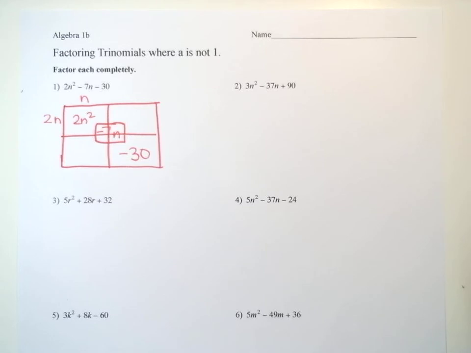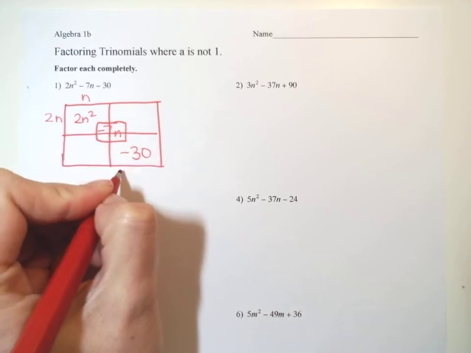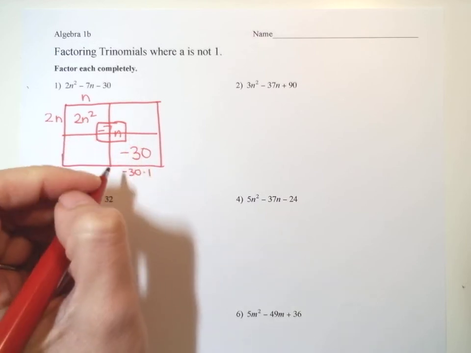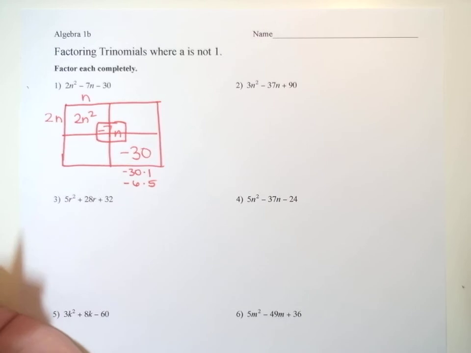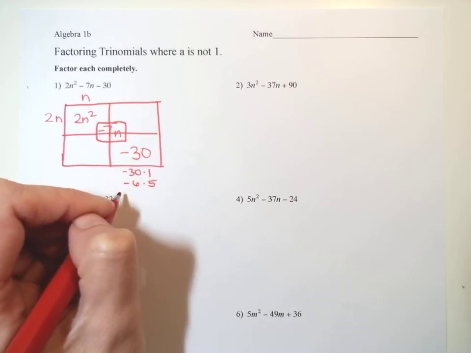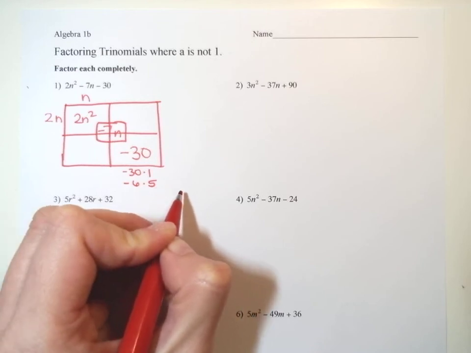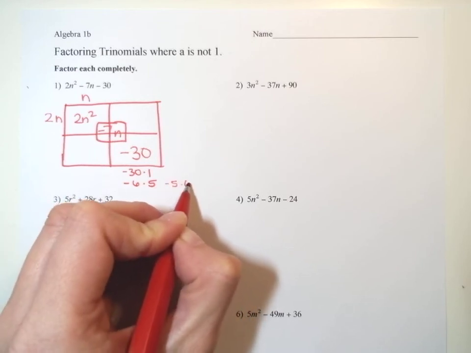So what multiplies to negative 30? That could be negative 30 and 1. It could be negative 6 and 5. And the negatives make it harder because it could also be negative 5 and positive 6.